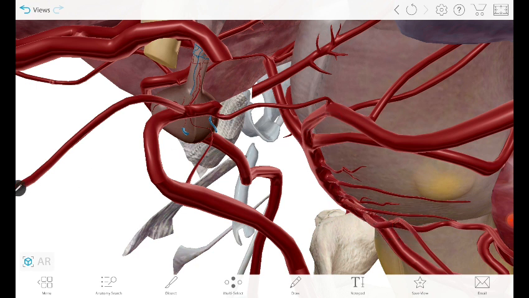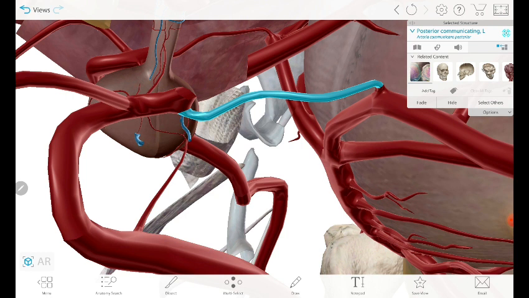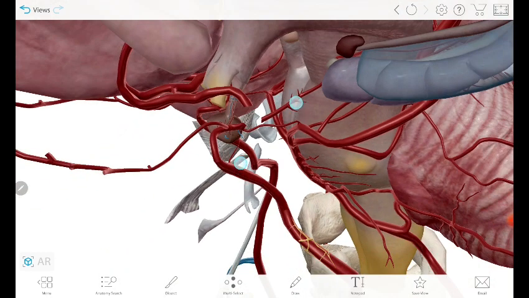The internal carotid in the cerebral part also gives off one more branch, which is known as the anterior choroidal artery, which hasn't been shown in this model.